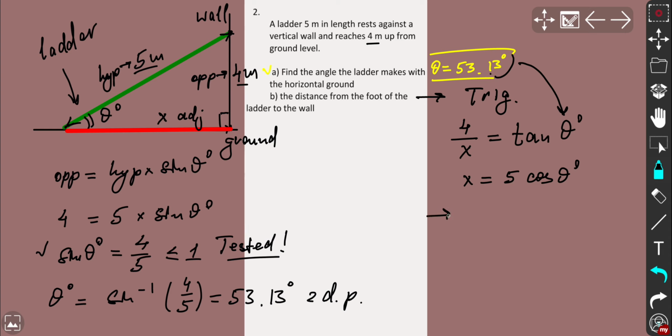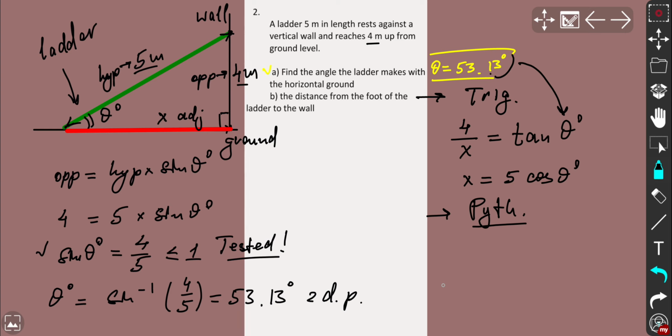But you can also use Pythagoras. In this case, Pythagoras is much more applicable because angle theta is not an exact value. It's rounded to 2 decimal places, so you'll probably have errors. That's why I encourage you to use Pythagoras. It's pretty easy. It depends on how comfortable you are with trig functions.